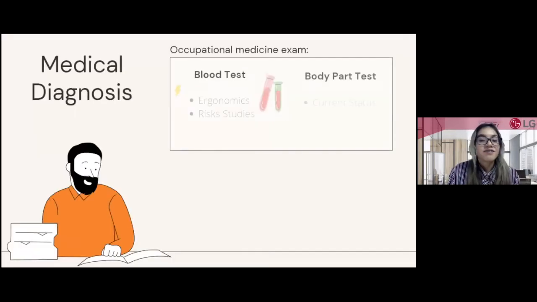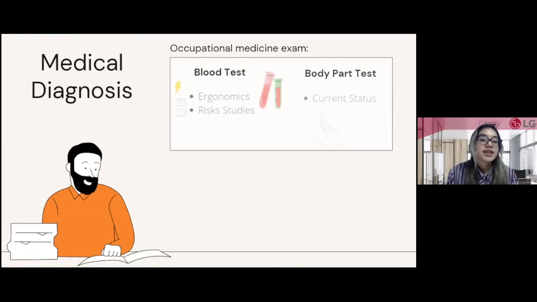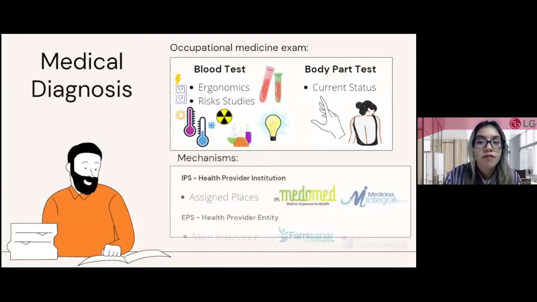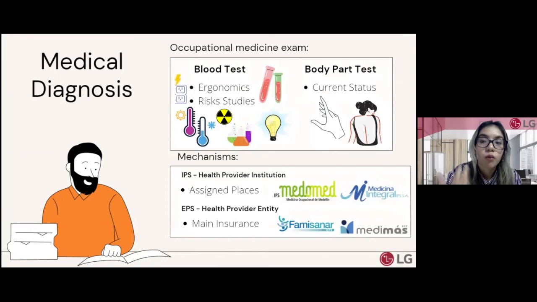Finally, the fifth step is the medical diagnosis procedure, in which we are going to be, for example, taking some occupational medicine exams. And this is in order to know if the work coexistence is feasible in terms of risk of ergonomics.